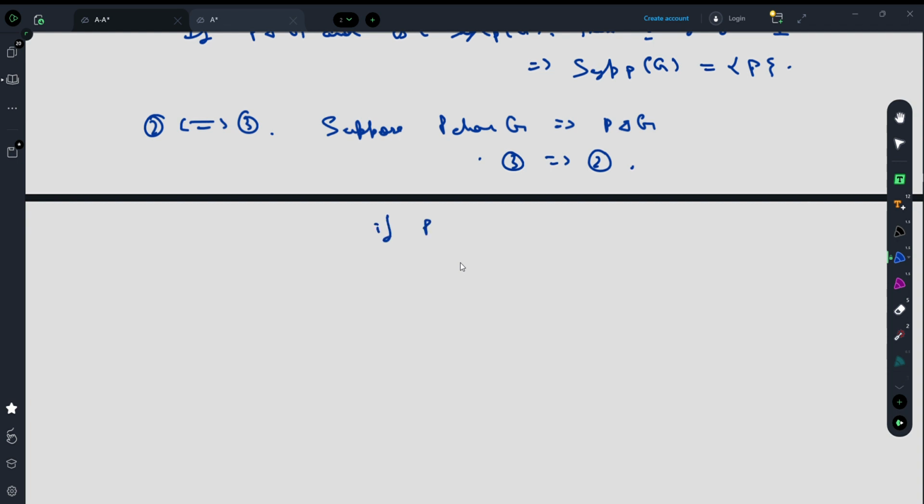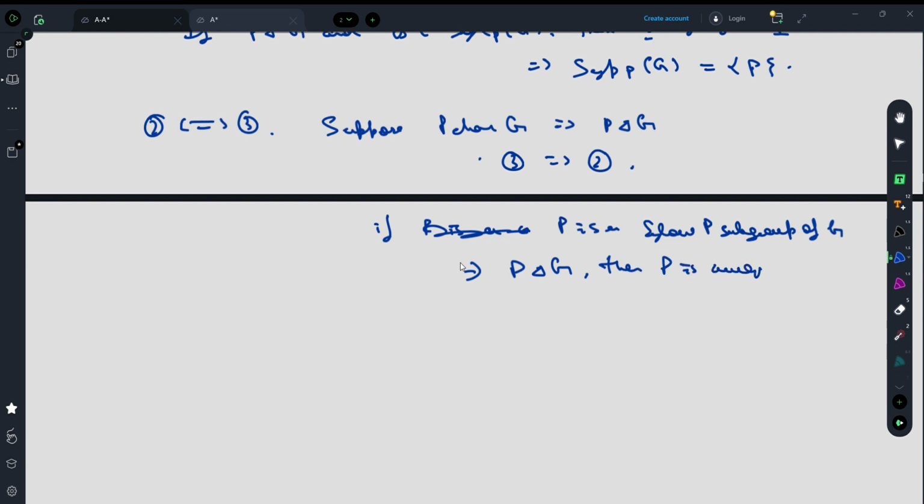What can I say about the converse of this? Let's say P is a Sylow p subgroup of G such that P is normal in G, then P is unique.